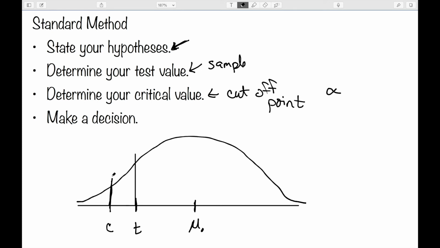And then we need to make a decision depending on where C and T are in relation to each other, which one is closer to the population mean, which one is further out along the tail. And this is the idea of the standard method. We're going to find the mean, we're going to find our test value, we're going to find our cutoff point, and we're going to have to make a decision depending. And in later videos, I will slowly address each one of these steps in this method a lot more closely.